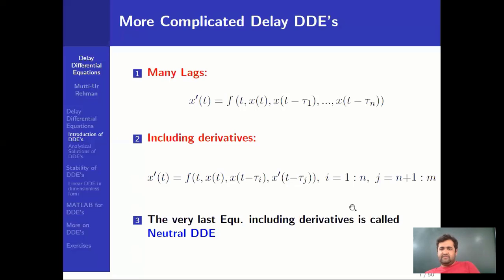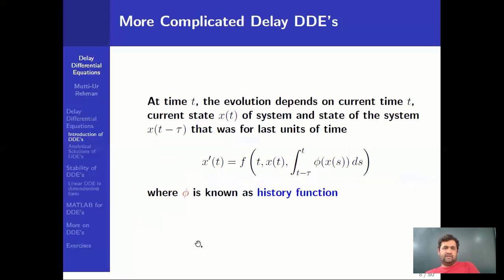In this special case, where the derivatives are involved, our delay differential equations are of neutral type. Although we will not see a neutral delay differential equation in great detail in this lecture.